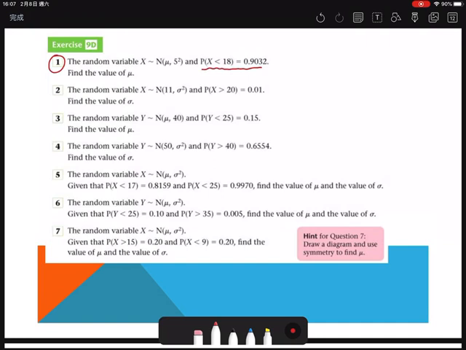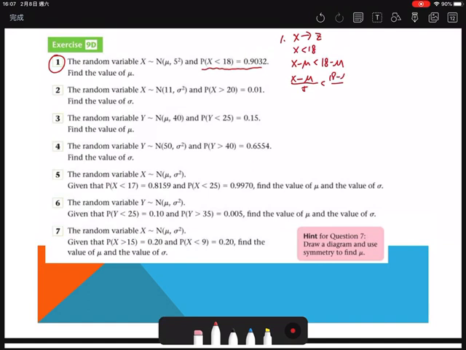So let's see. Step 1: firstly, we should standardize x to be z. So x is smaller than 18, x minus mu is smaller than 18 minus mu, and we divide by the standard deviation 5.